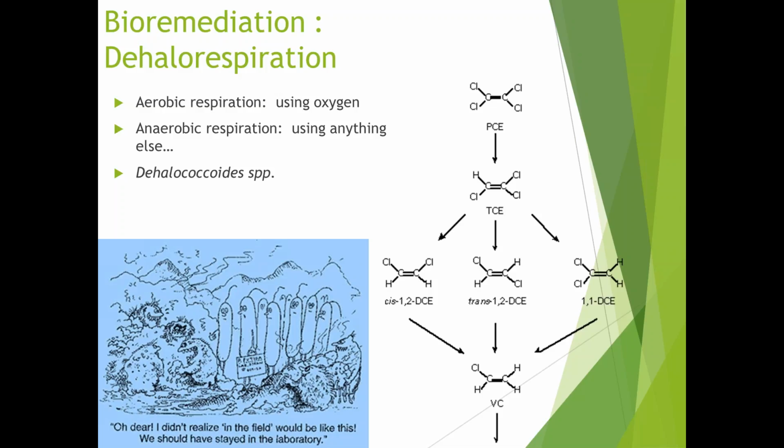Thanks so much. So the short answer there is that it depends. In the case of PCE and TCE, they're pretty readily reduced, but again, you're going to need conditions that favor that reduction. So it depends on the properties of your aquifer. What are your amendments to that aquifer? Have you had prior chemical treatment of that aquifer?